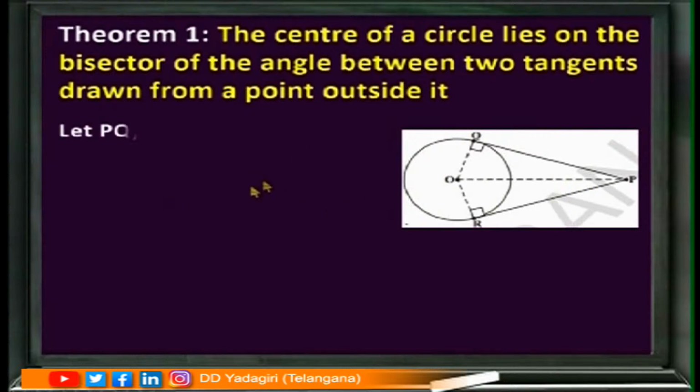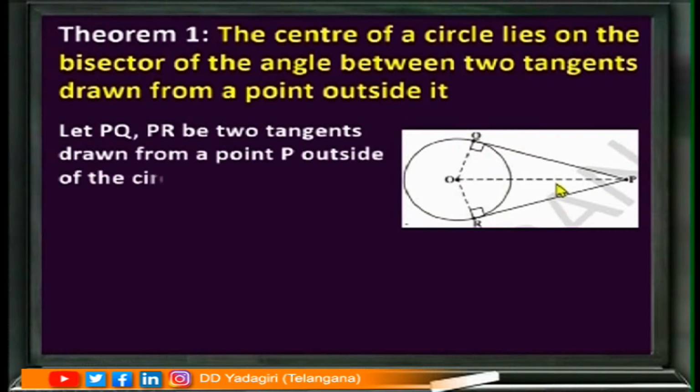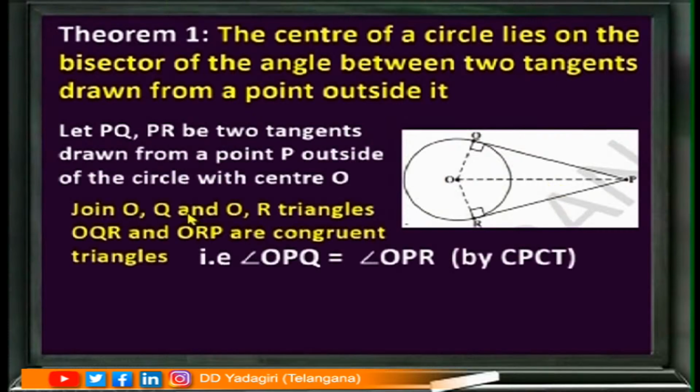Let us see the proof of the theorem first. Let PQ and PR be two tangents drawn from a point P. Join OQ and OR, then OQP and ORP are two triangles. If you observe, angle OQP and angle ORP are equal, which is equal to 90 degrees.